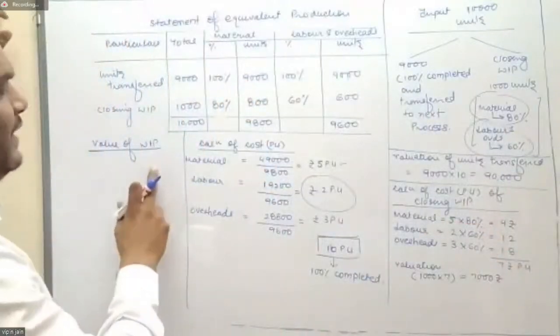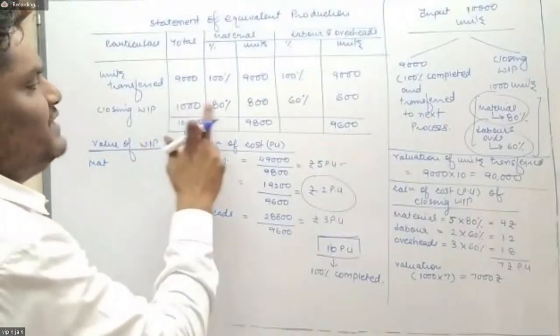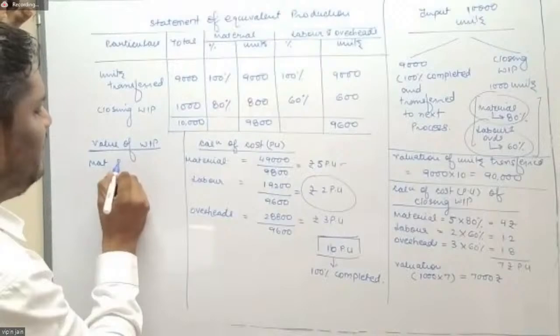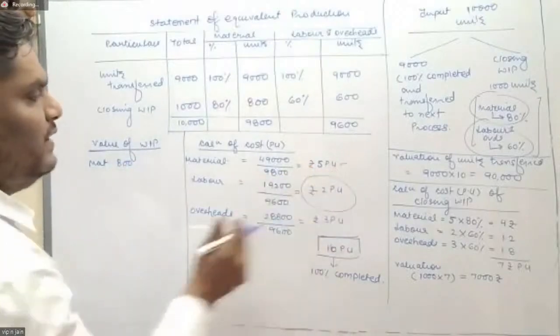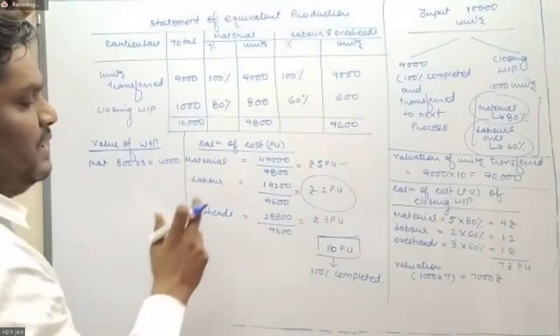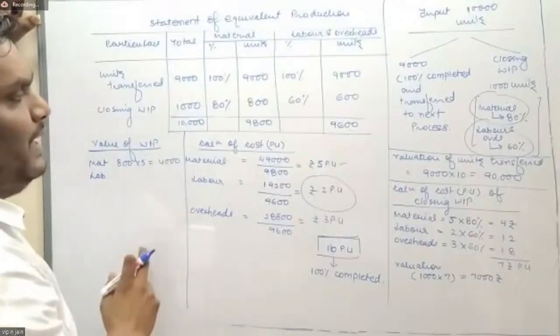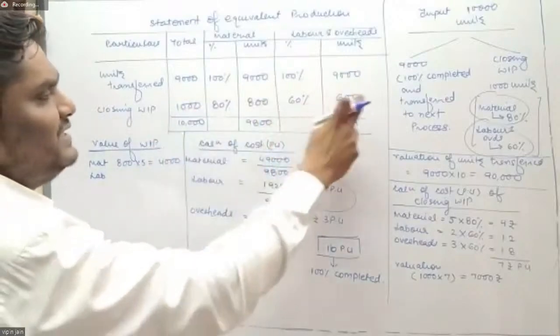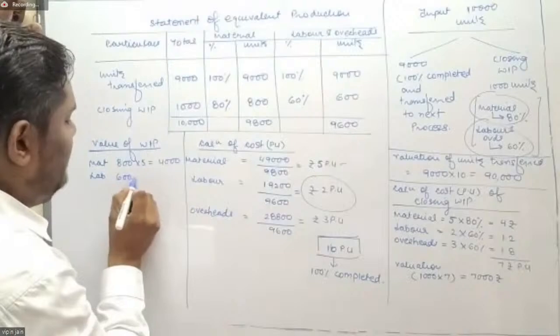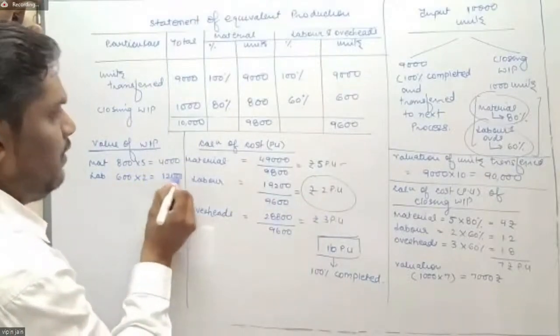So let's take this concept only. Valuation of work in progress as far as material is concerned, 1,000 units which are 80% complete, that is 800 into the cost of 100%, so into 5, that is 4,000. Similarly, when talking about labor, 1,000 units which are 60% complete, that is 600 into the cost per unit of 100%, that is 1,200.